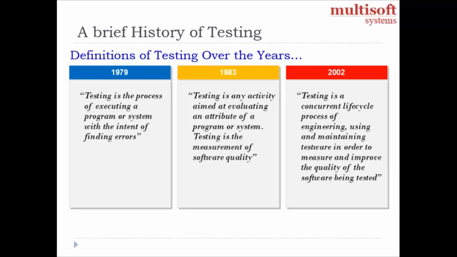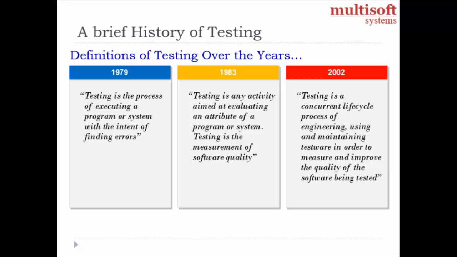Before, they did testing just to identify mistakes, but now they realized that quality is equally important, and they started measuring that quality based on the constraints of time, cost or scope.